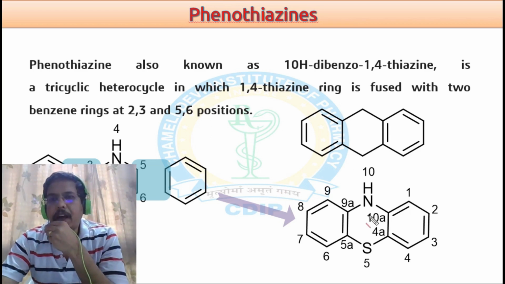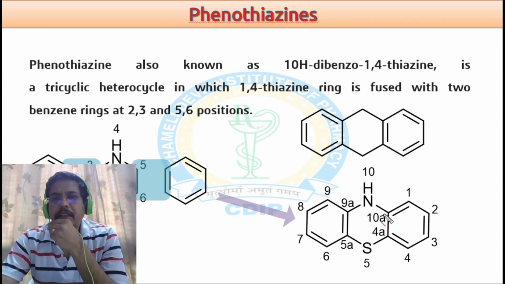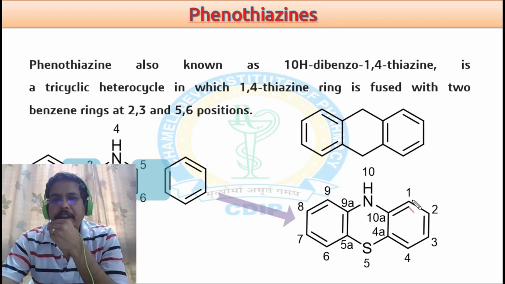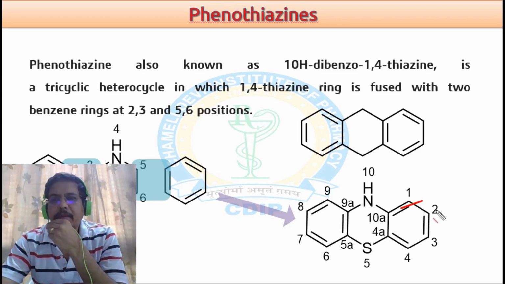If you look at the arrangement of atoms in the heterocyclic system and their numbering, the numbering starts from the right hand side ring on the right upper corner, that is from this place, and the number is given like 1 in clockwise direction, 2, 3, 4. Then the next thing comes, it is going to this place where the two rings are fused.